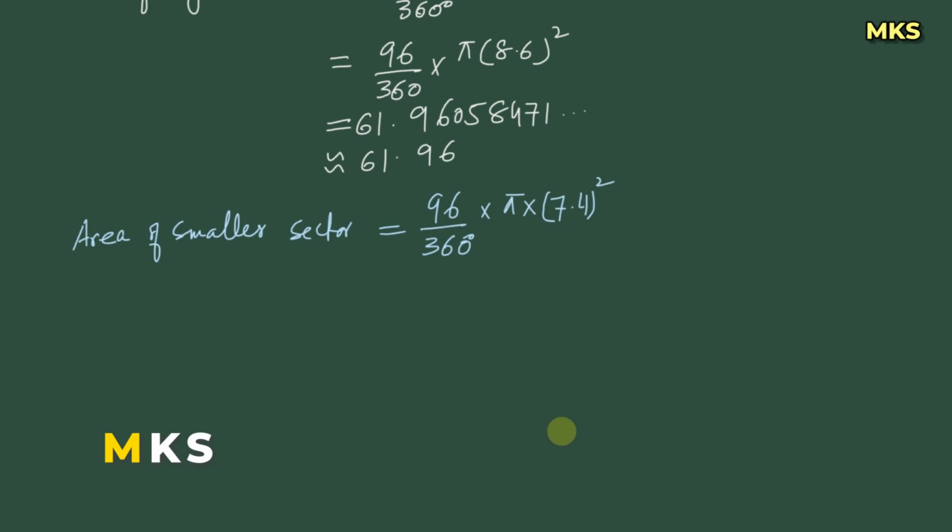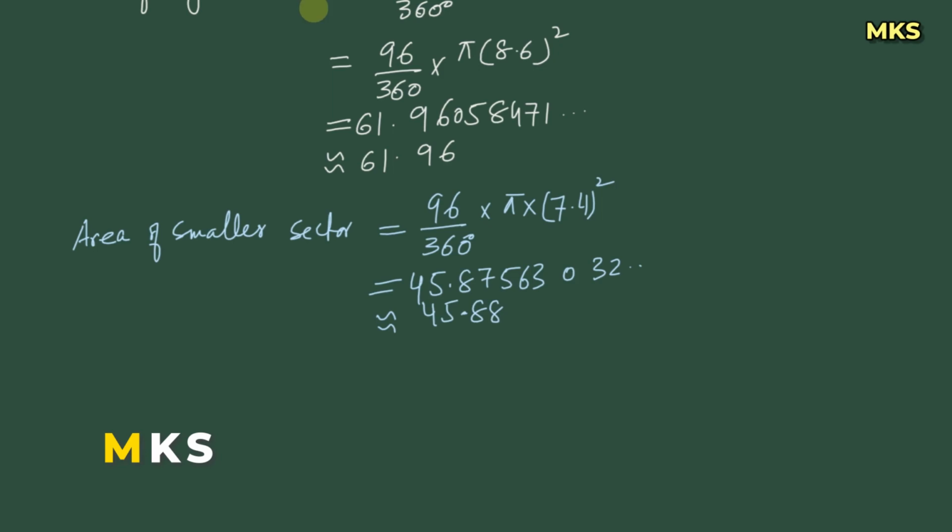So now we will multiply 96 by the value of pi from the calculator, then multiply by 7.4 square, divided by 360. That gives us 45.87563032, so on. So correct to four significant figures, it will be 45.88.